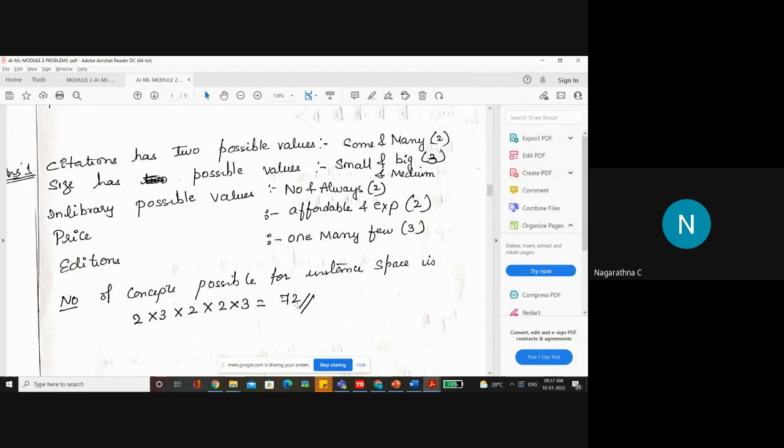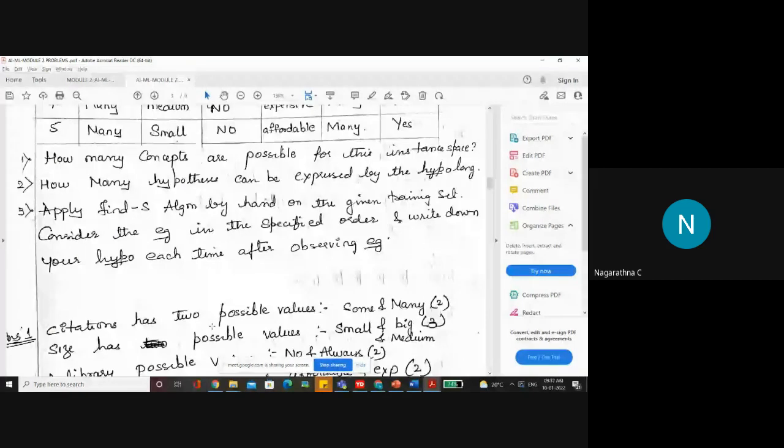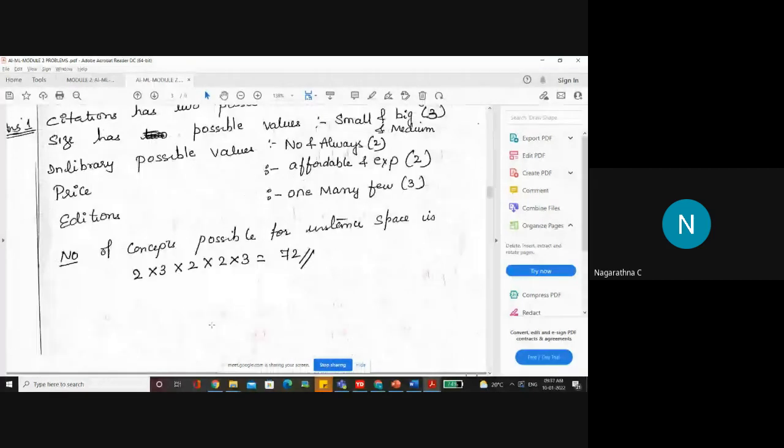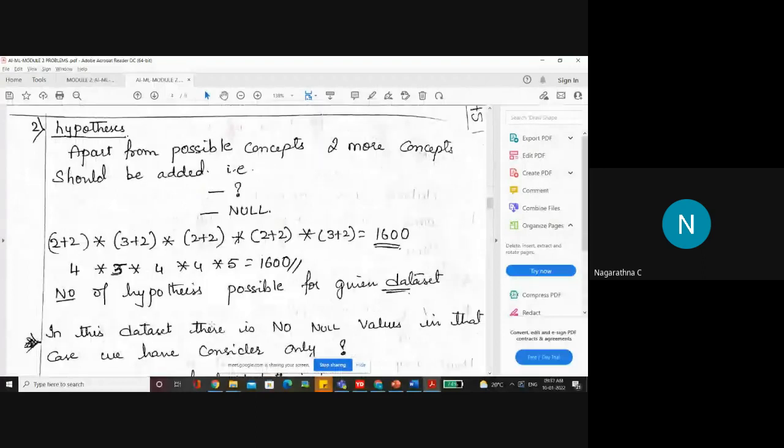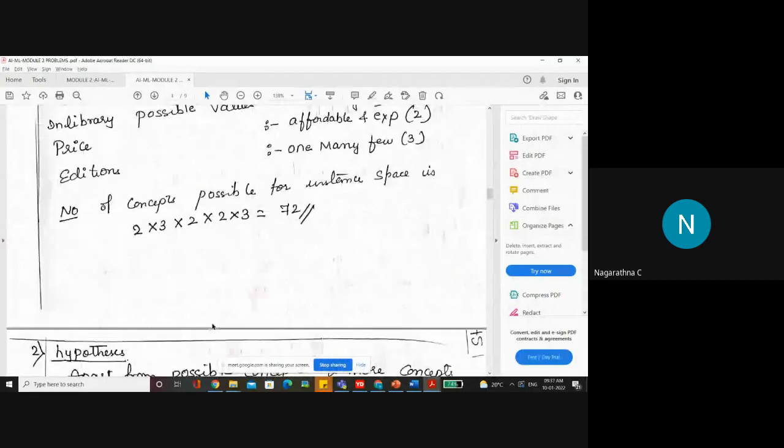The second question is how many hypotheses can be expressed by the hypothesis language. Apart from the possible concepts, there are two more values which can be accepted, either null or question mark, and you can observe that we can generalize it. But in our data set there are no null values accepted.